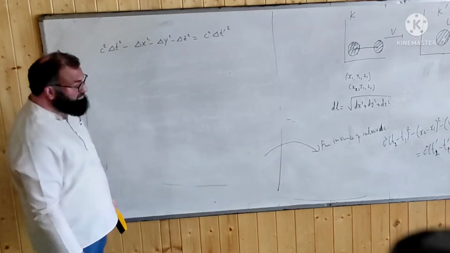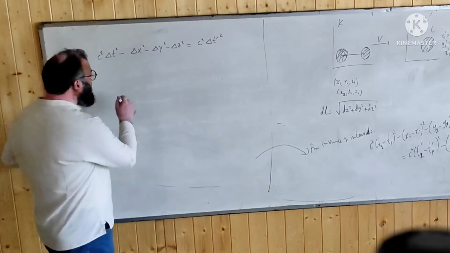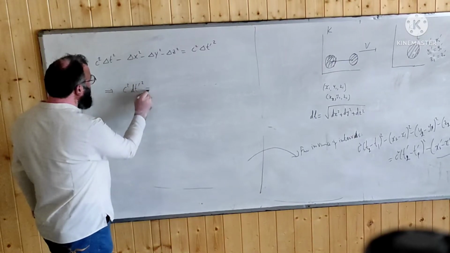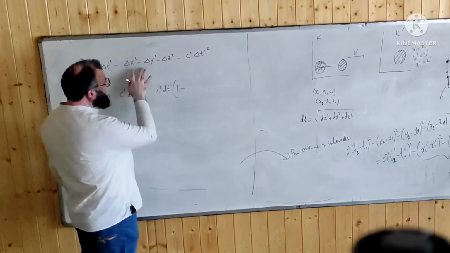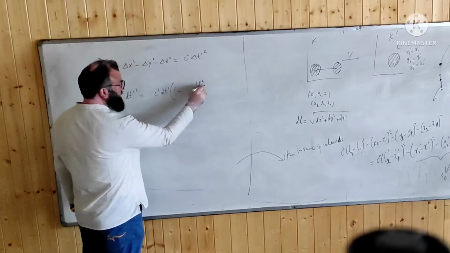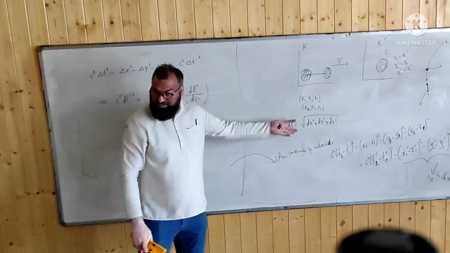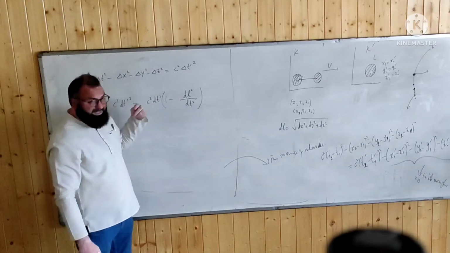So if they are infinitesimally close to each other, what will that yield? I'll have c square dt prime square equal to c square dt square times 1 minus, simply, dl square divided by dt square, because dl I have defined for this object, when they are infinitesimally close to each other.